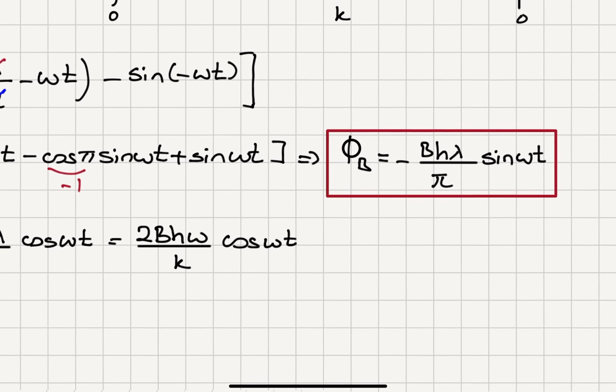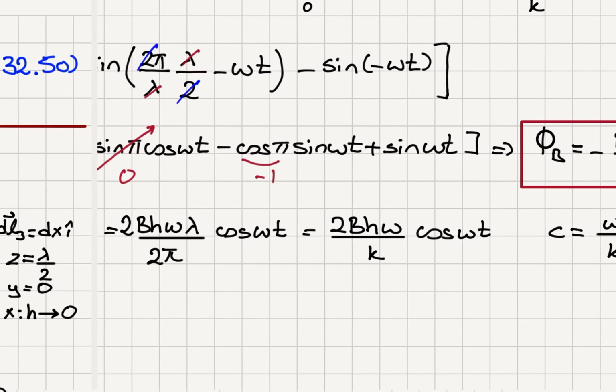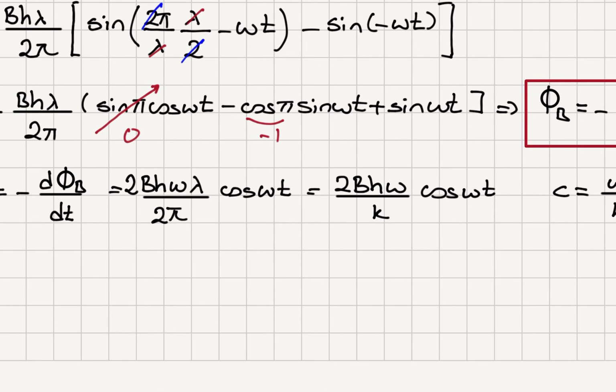Now, the problem reminds us that the speed of light, c, is the ratio omega over k. So this is omega over k. So looking at the induced EMF I have calculated here, epsilon is equal to 2BH omega over k, which is c, cosine omega t.